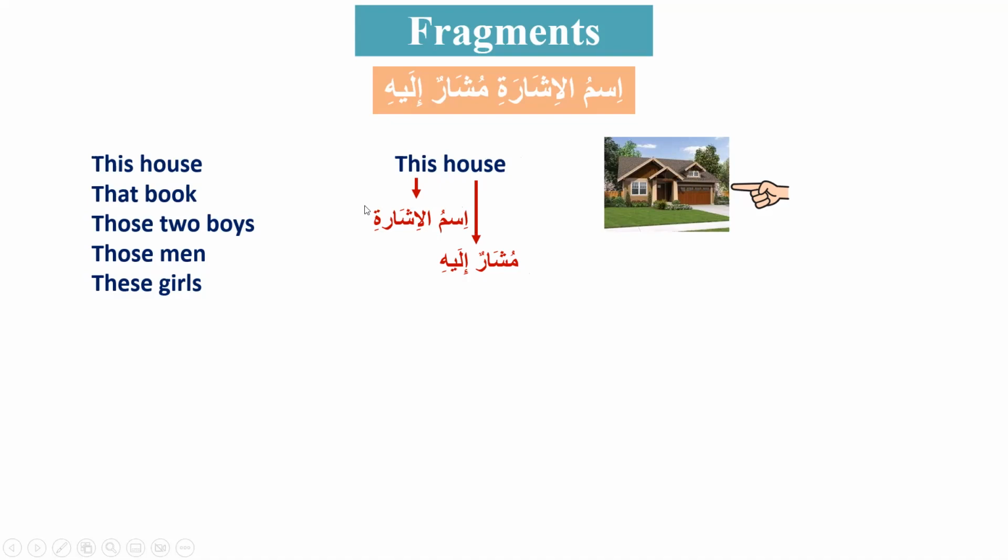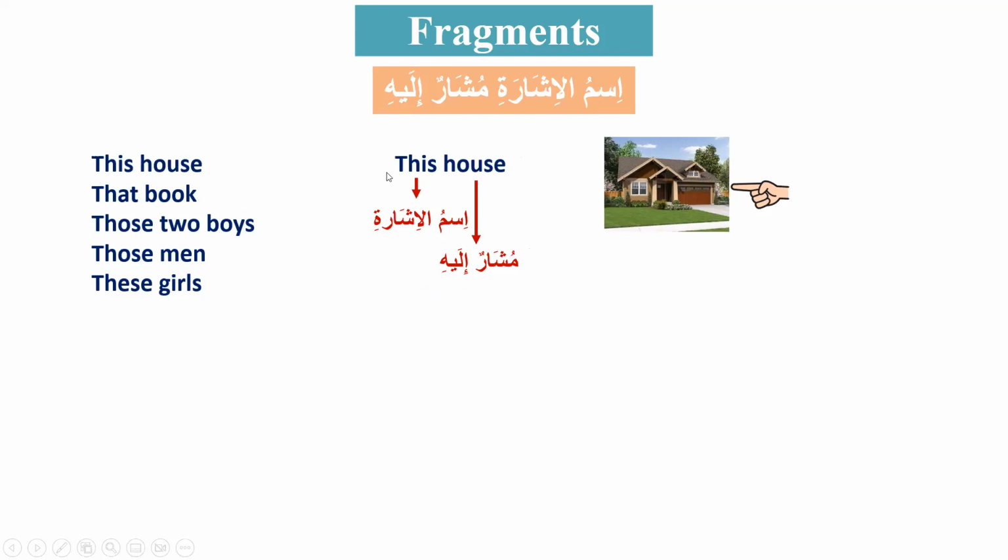You probably already know this term, ismul ishara. So the next term that you need to memorize is musharun ilay. Musharun ilay is the thing or a person or something which is being pointed at. Over here, you see the house was being pointed at. So the house is musharun ilay.